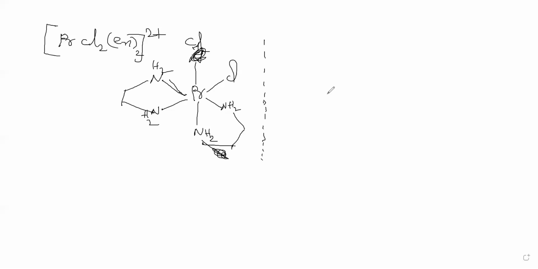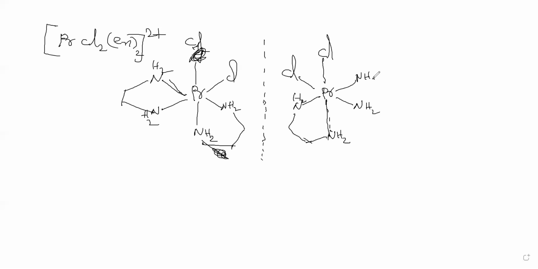So here we have Pt, Cl on the top. This Cl comes to the front. So this one NH2, and you have NH2 here. Okay, this is connected. Now this goes to the back. And this is NH2, NH2.